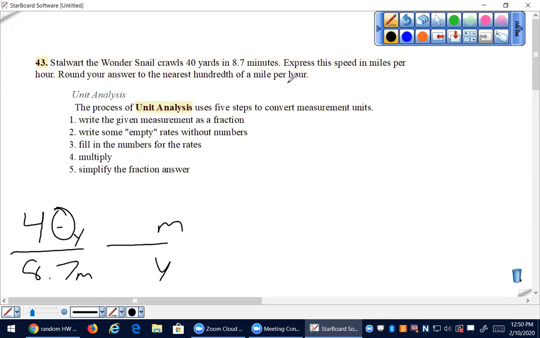There's 60 seconds in a minute. Minutes and yards won't go together in a second. Right. So erase one of those.